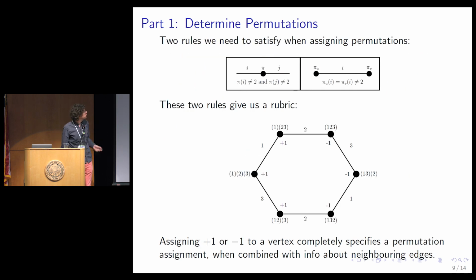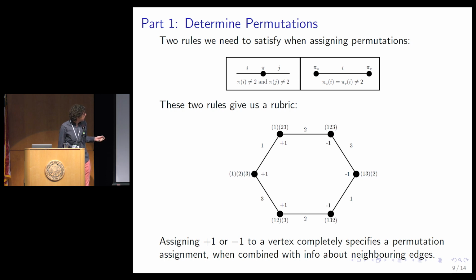There are 2 things that we need to consider. We need to apply permutations so that the edges to which this vertex connects have their labels mapped to something other than 2, because I need to get rid of all the 2's. And also the permutations acting on the left and the right of an edge have to agree on what they map this label to, because they need to preserve the diagonal form of the matrix.